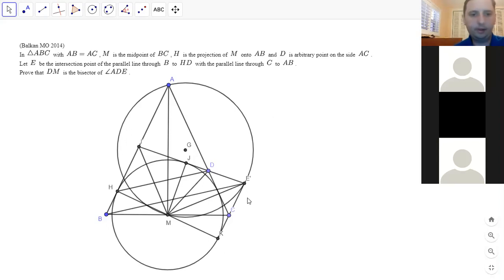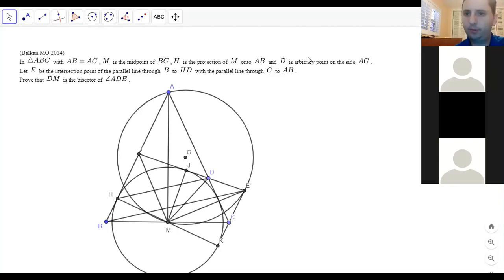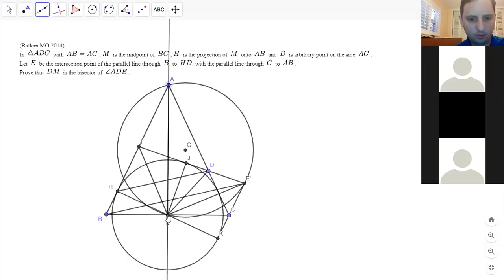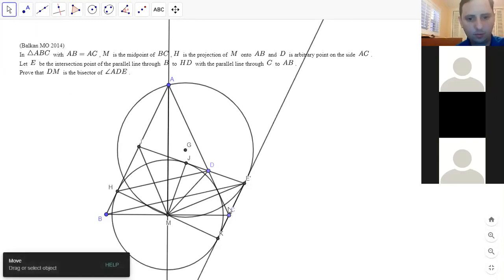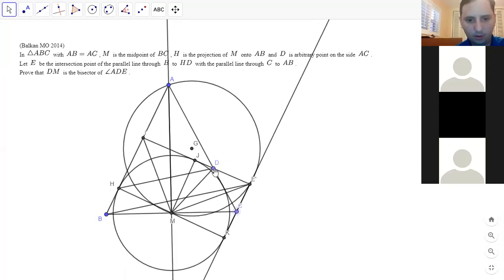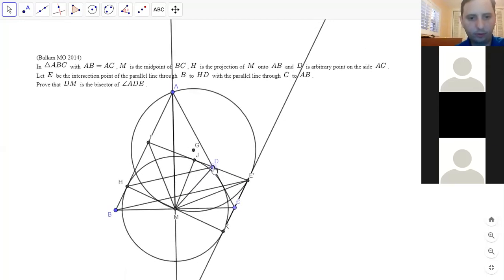So yeah, ID over DE is AD over DC. Can I label where CK meets AM? Yes. Sorry, let me just shrink it a little bit.